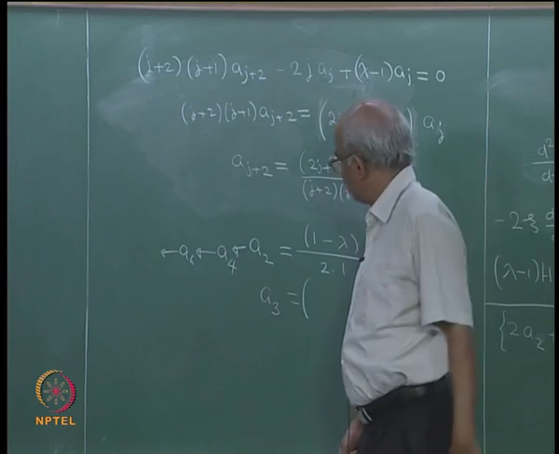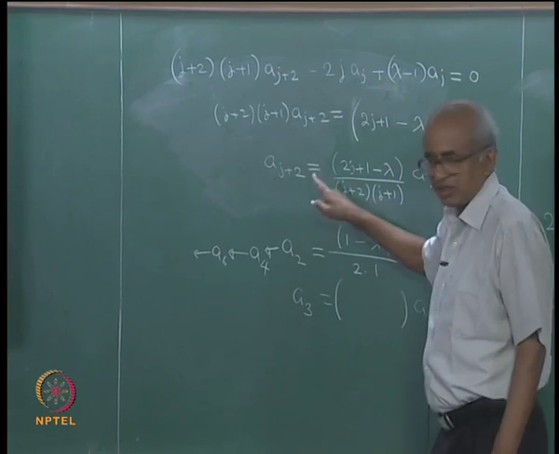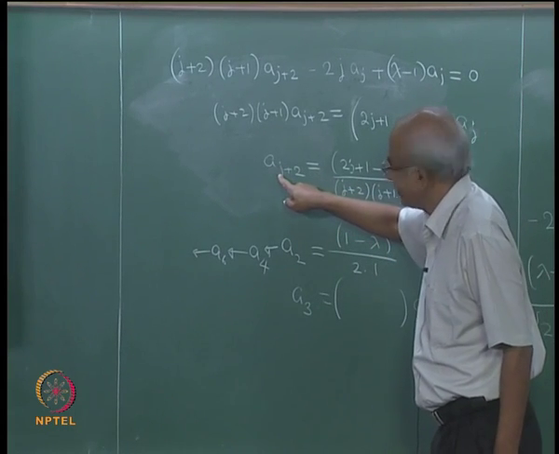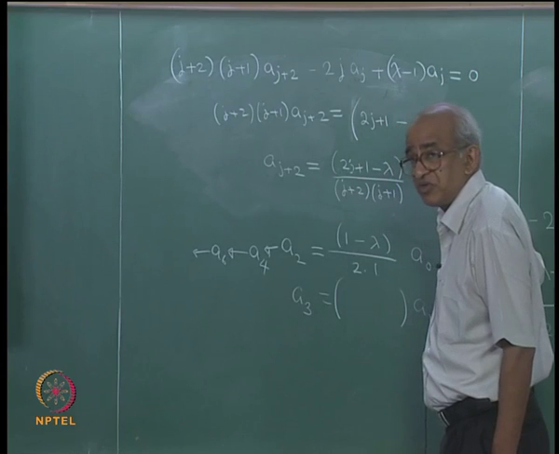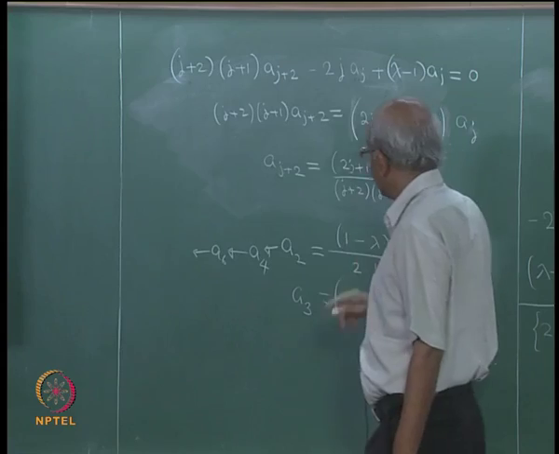So, this is the general relationship, it determines a_{j+2} in terms of a_j, and it is referred to as a recursion relation.